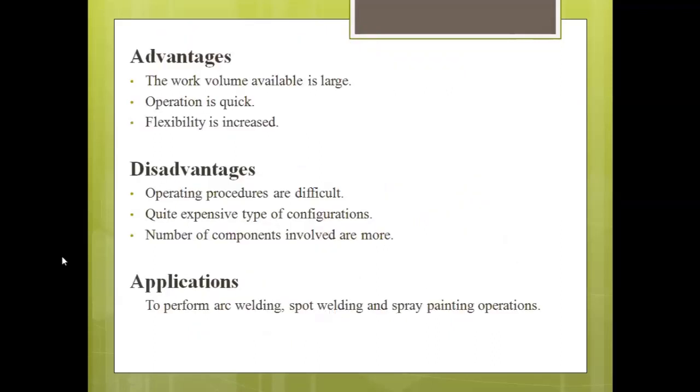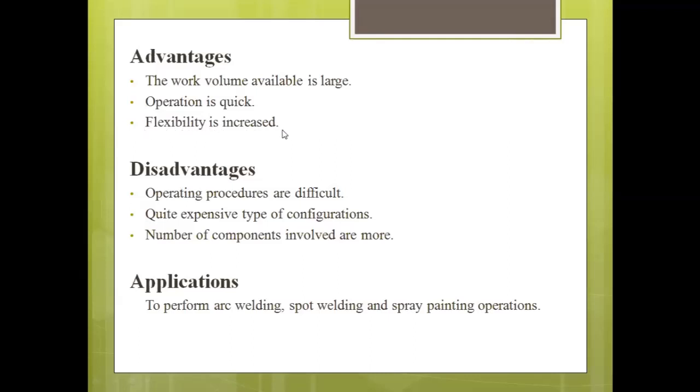Coming to the advantages, the work volume available is large. The second is that operation is quick. The third advantage is that flexibility is increased as compared to other configuration robots.